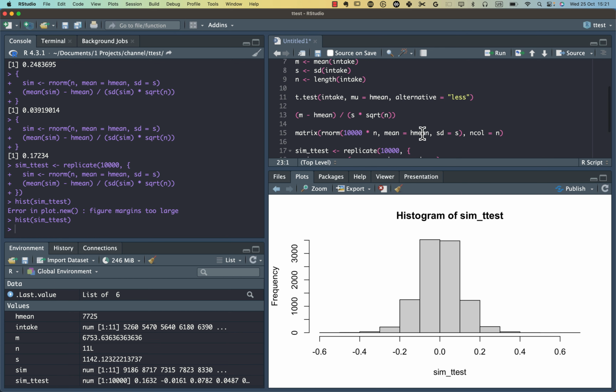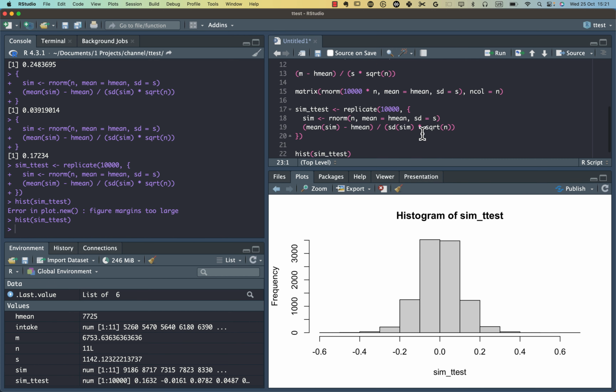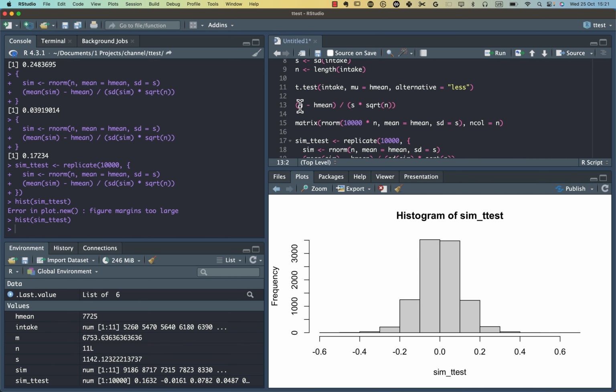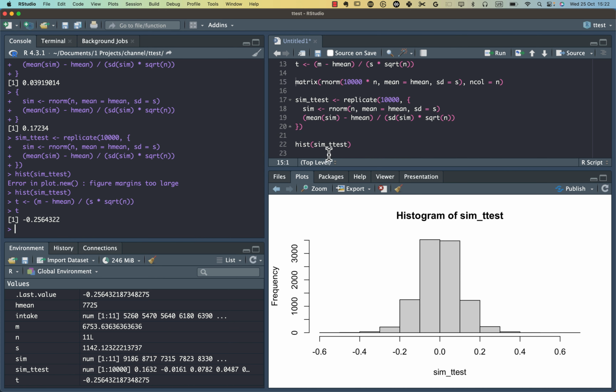And we remember that we had, I thought we had it somewhere. No, maybe we don't. Oh yeah, let's assign our t statistic to t. So t is minus 0.25. So let's add a line here. I think we need a vertical line at t.